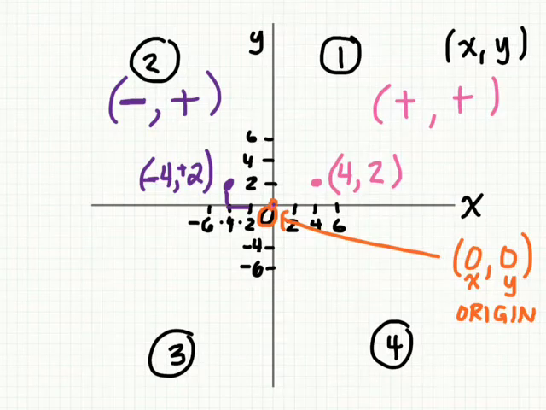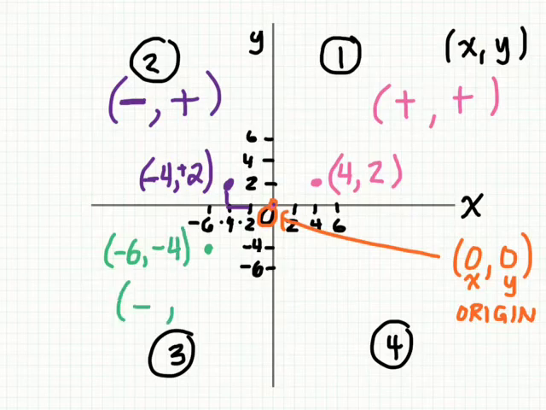A point that we would find in quadrant 3 would be negative 6, negative 4. And what do you notice about any coordinate that's in quadrant 3? Negative and negative, because we're starting at the origin. If you move to the left and down, it's going to be negative and negative.